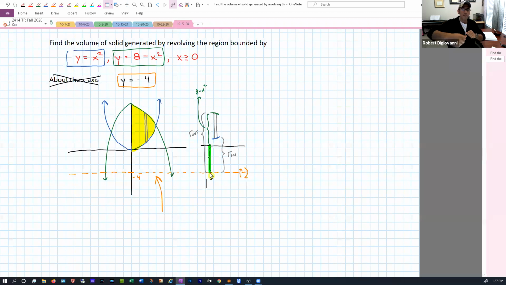But we're looking at it like a measuring tape. So we're measuring 4 units. So this right here is 4, right? So from here to here is 4, plus we have this much, which is the function's value. So our outer radius, I'm just going to write it down here, is the 4 plus the function that gave us the top of the rectangle. So when we put all that together, we get 12 minus x squared.